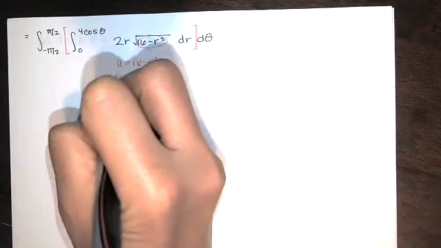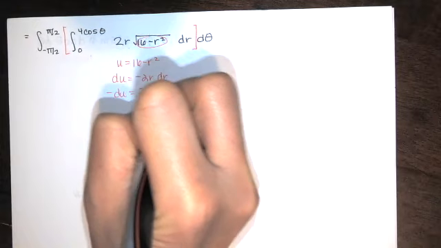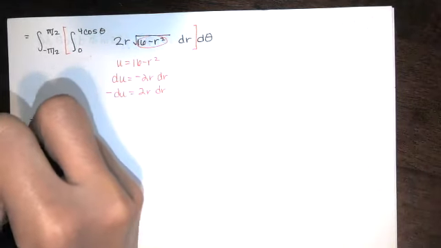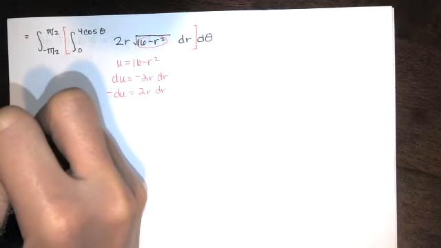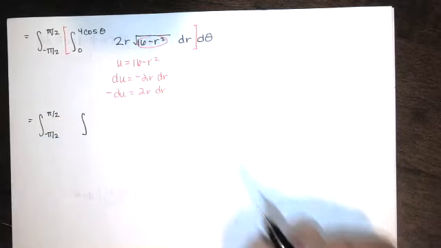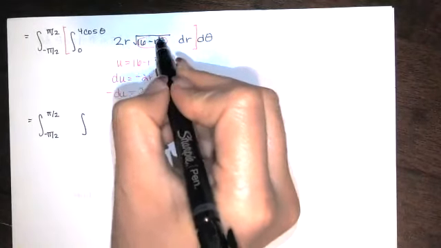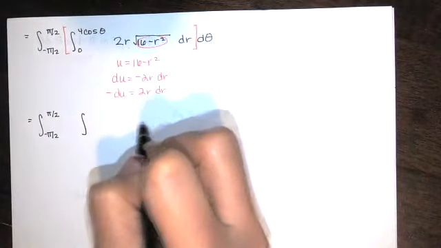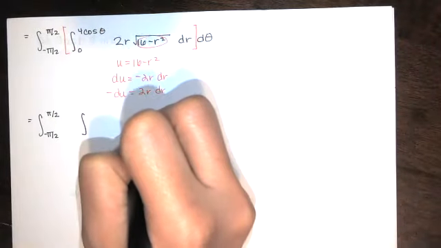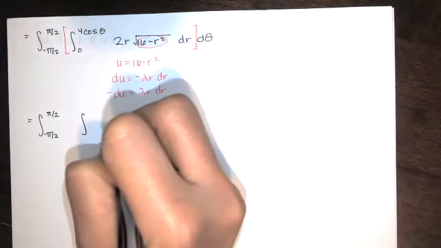So du is negative 2r dr. Multiply both sides by negative 1. This is a u to the 1/2 power. Two r dr is negative 1 times du.